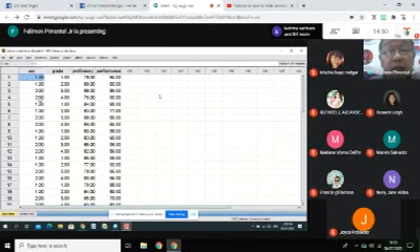So, is there a significant difference in English proficiency of the respondents according to sex? That is the statement of the problem.